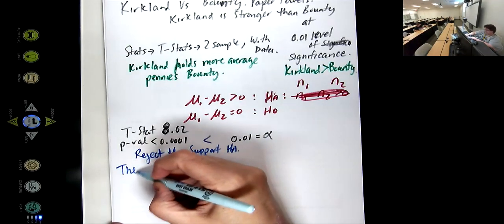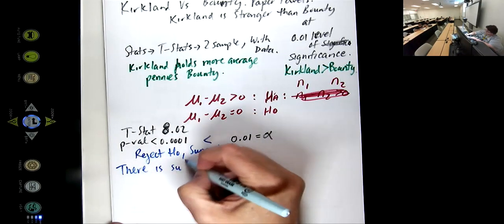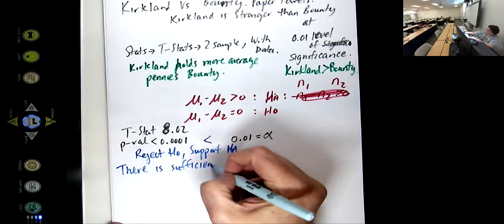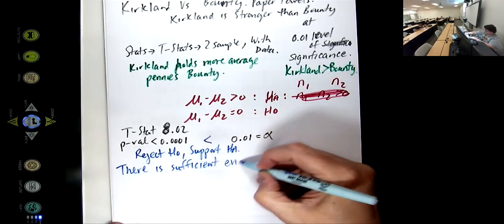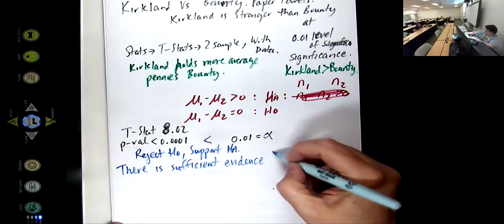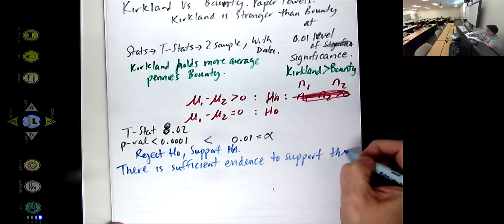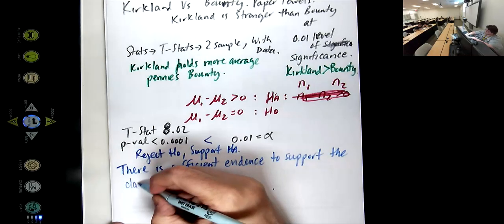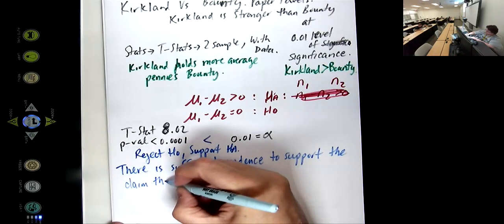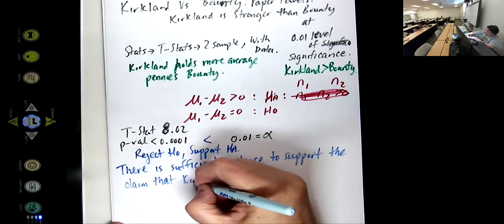There is sufficient evidence to support the claim that Kirkland paper towels are stronger than Bounty.